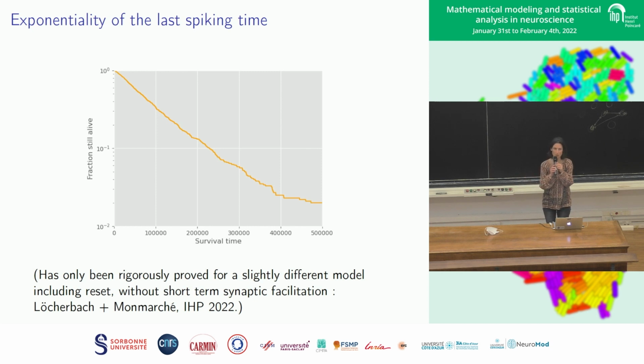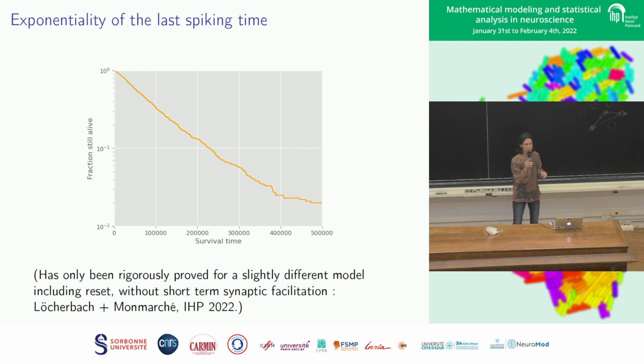So what Christophe did is he plotted the empirical survival function of the system, which is the probability of having survived up to some time. It's not a probability, of course, it's the empirical probability, which means it's just the fraction of neurons that are still alive. So how do we decide that neurons are alive?